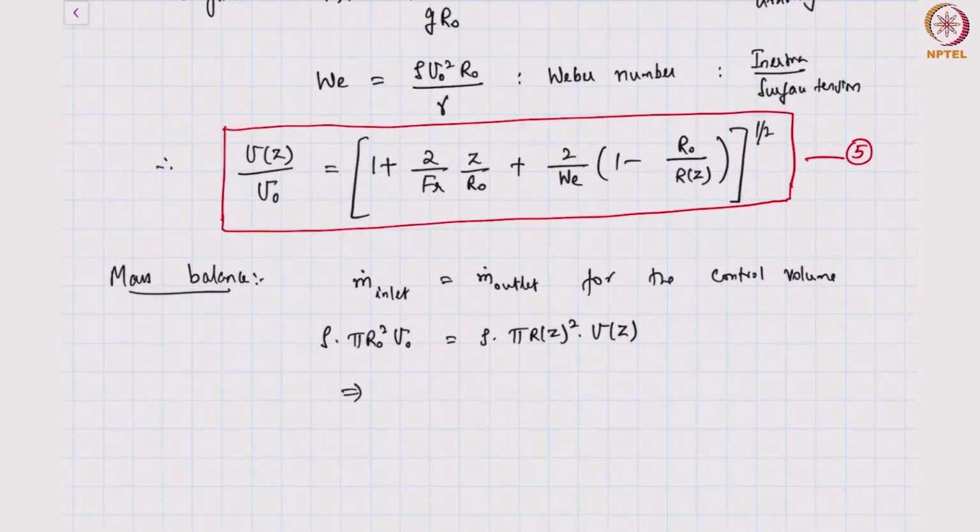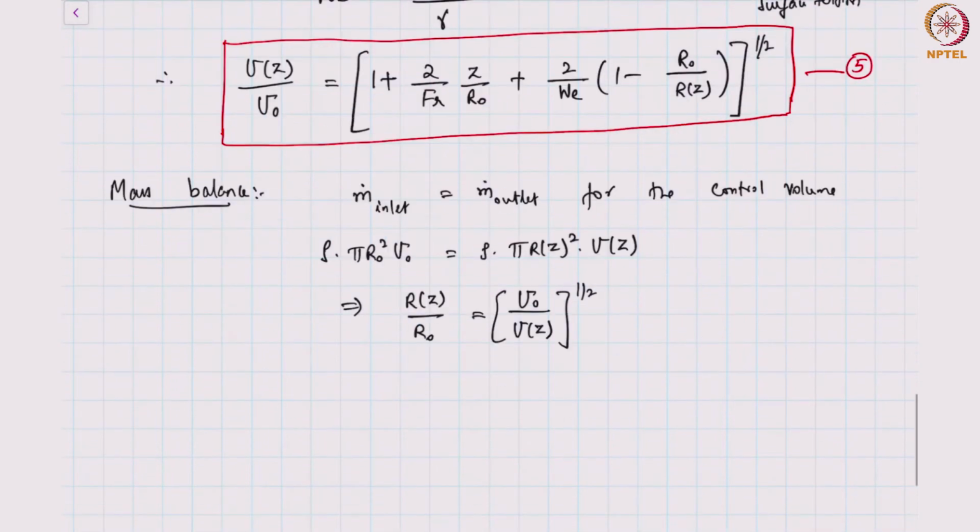And therefore I have r of z by r naught will be u naught by u of z whole power half. Correct? This can also be written as u of z by u naught whole power minus half.